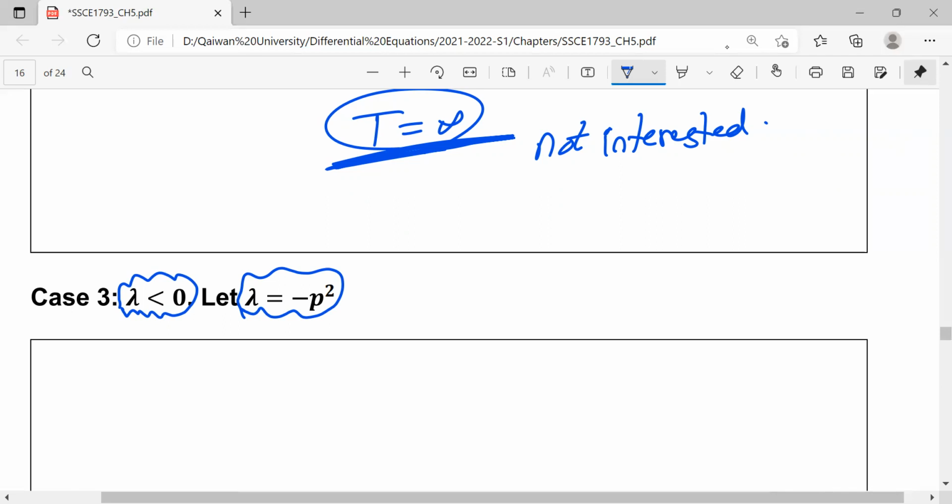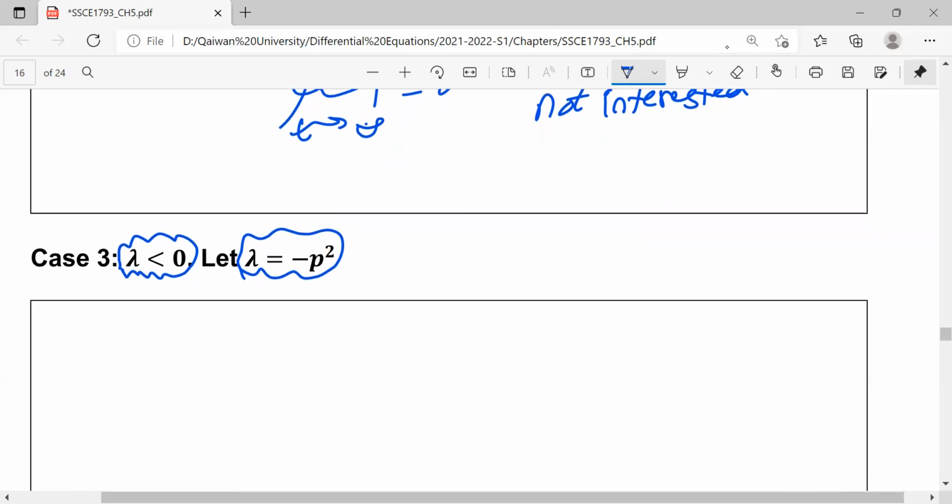Here we see the limit as t approaches infinity for capital T is infinity. That's why we say it's not interesting. We don't accept T equals infinity.